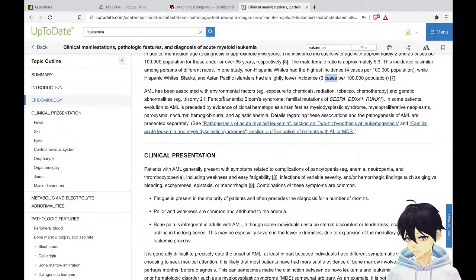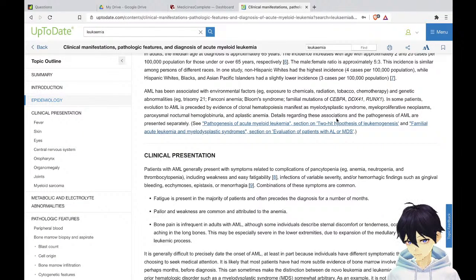AML has been associated with environmental factors, exposure to chemicals, radiation, tobacco, chemotherapy, and genetic abnormalities, for example trisomy 21, Fanconi anemia, Bloom syndrome, and familial mutations. In some patients, evolution to AML is preceded by evidence of clonal hematopoiesis manifest as myelodysplastic syndrome, myeloproliferative neoplasms, paroxysmal nocturnal hemoglobinuria, and aplastic anemia.